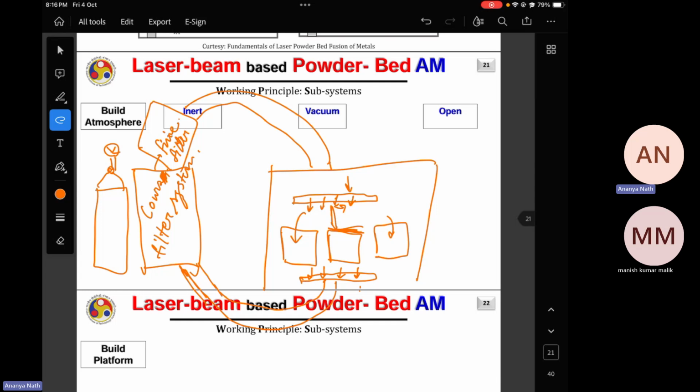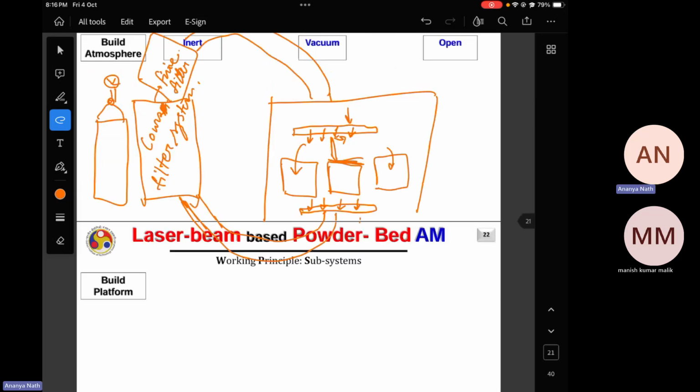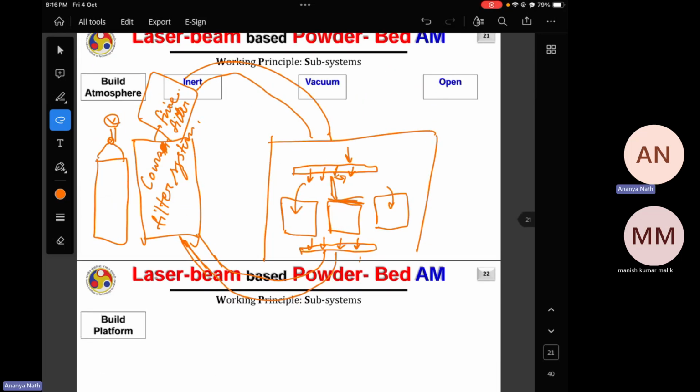And then you can resupply the argon again after cleaning. This is how you maintain the flow rate, you maintain the process chamber, you control the atmosphere inside the melt pool region. So this is the build atmosphere. You use argon or nitrogen according to your material.